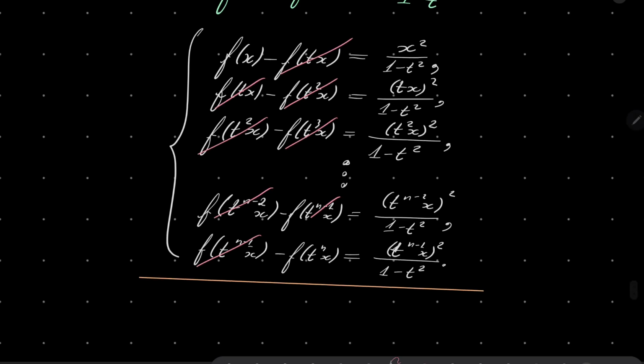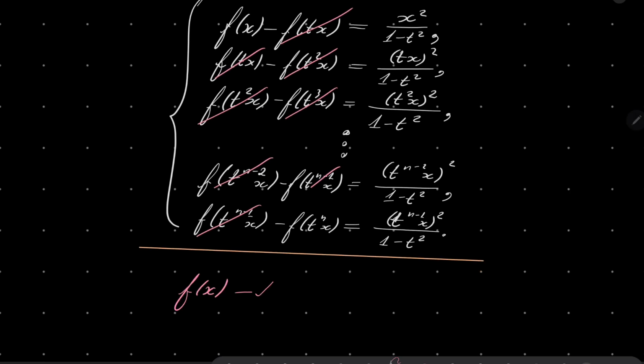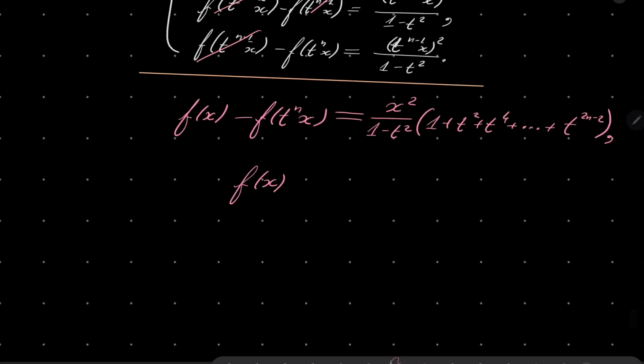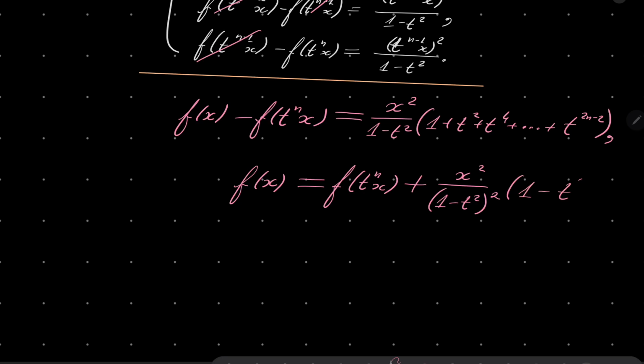Everything cancels apart from f of x and minus f of t to the power of n x, which equals, well, on the right hand side we can factor out x squared over 1 minus t squared, and we are left with 1 plus t squared plus t to the 4th power plus up to t to the power 2n minus 2, and we can do simplification. f of x equals f of t to the power of n x plus, and that converges, we can write in the following way: x squared over (1 minus t squared) squared times (1 minus t to the power 2n).